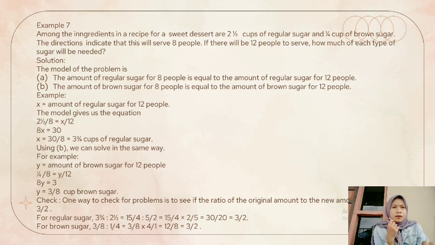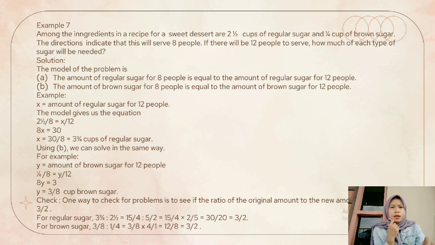To check this answer, one way is to see if the ratio of the new amount to the original amount is 12 to 8, or 3/2. For regular sugar, (3/4)/(1/2).